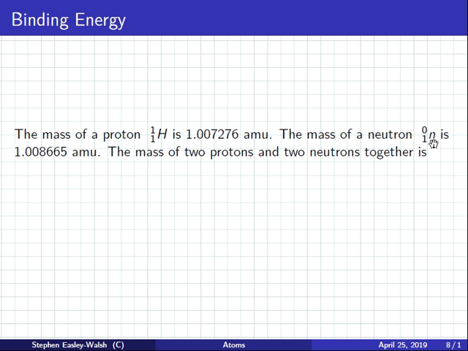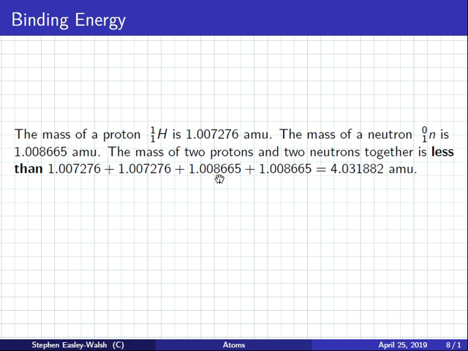This is a neutron. The mass of 2 protons and 2 neutrons, proton, proton, neutron, neutron, is this. Fine. In fact, if you do measure it, you don't get this number, you get this number.